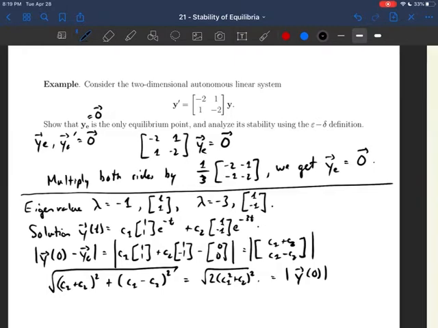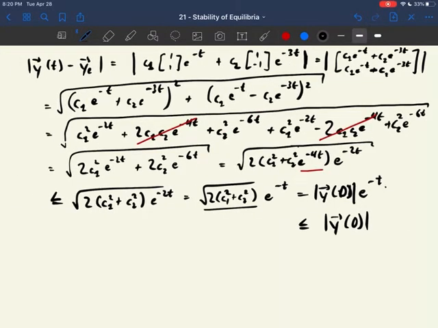So what can we tell from this? Well, we can tell that, in fact, this is always going to be less than or equal to y of 0. So the idea here is that if our initial condition is sufficiently small, then the later values of y of t are actually going to continue to be smaller. They're going to get closer and closer to the equilibrium as time goes on, right?